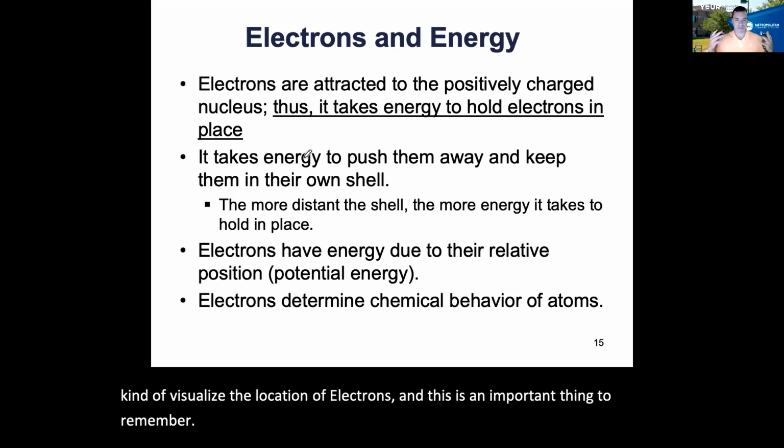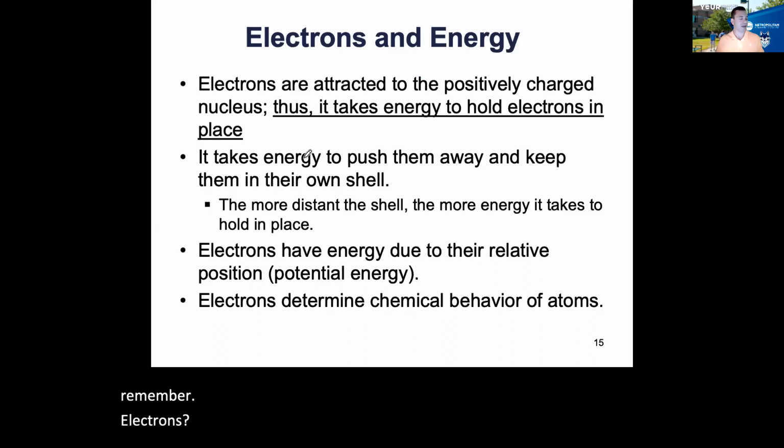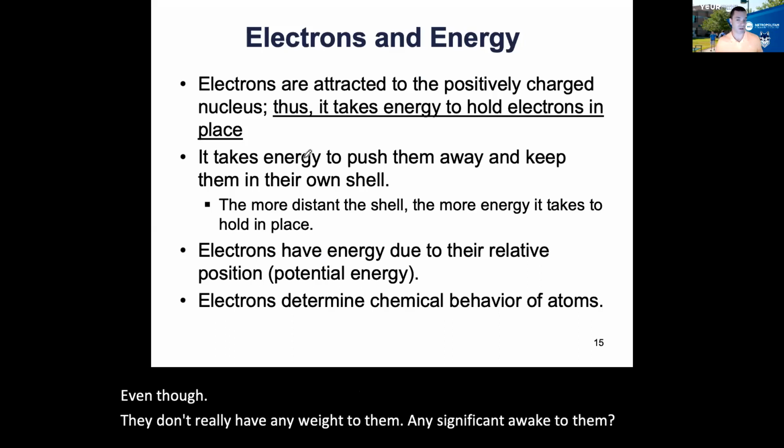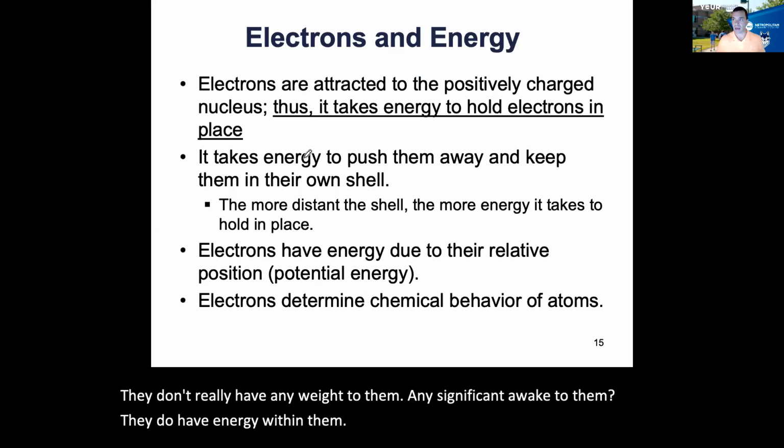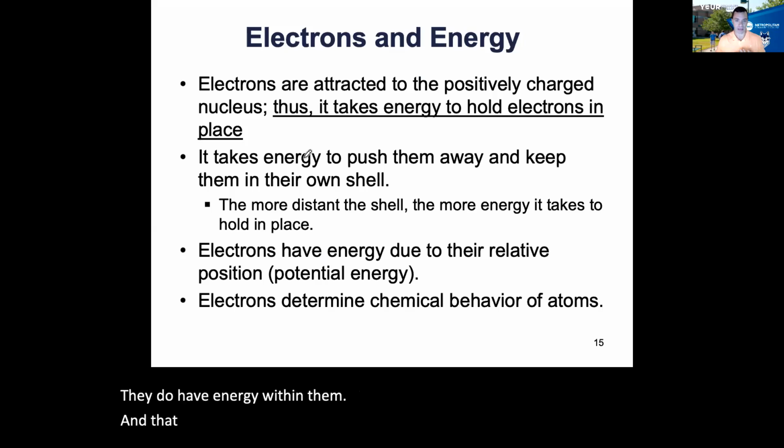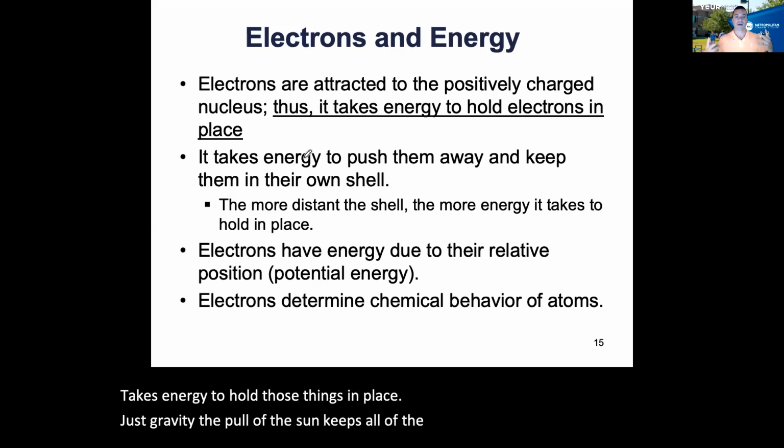Electrons, even though they don't have any significant weight, do have energy within them. And that negative energy, it takes energy to hold those things in place. Just like gravity, the pull of the sun keeps all of the planets in their orbits. The same concept here. Okay?